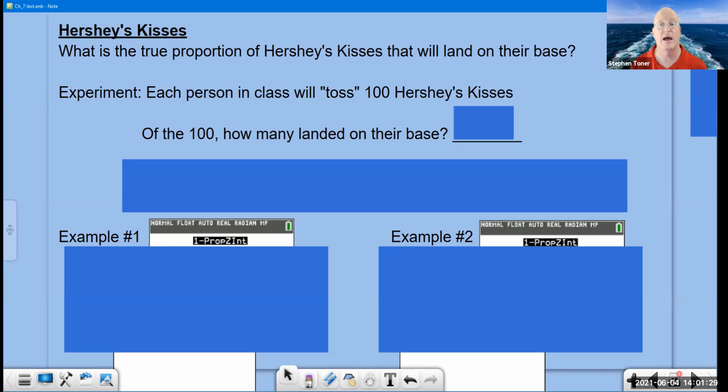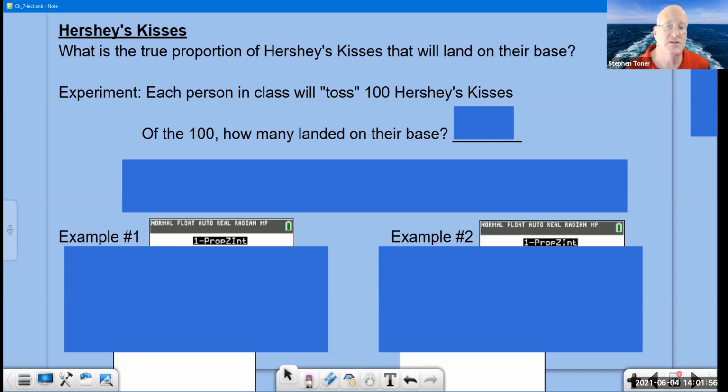And out of the 100, I would ask you how many of them land on their base. Now, here's what's interesting. Not everybody's going to get the same result. You know if you flip a coin 100 times, not everybody's going to get 50 heads and 50 tails. You're going to get 52s, you're going to get 47s, you're going to get all sorts of numbers, somewhat centered around 50, because that's the true mean number, or what we would expect, of a proportion.